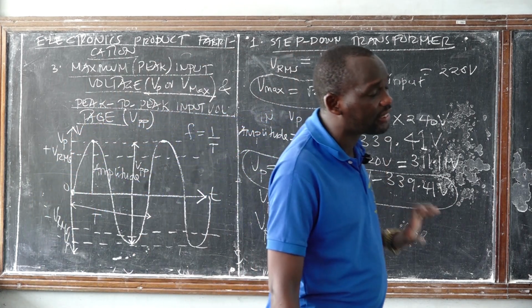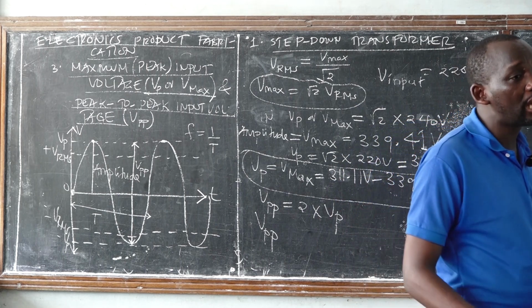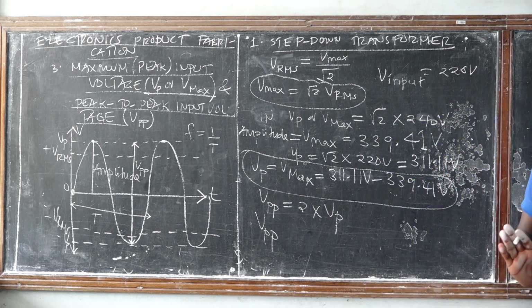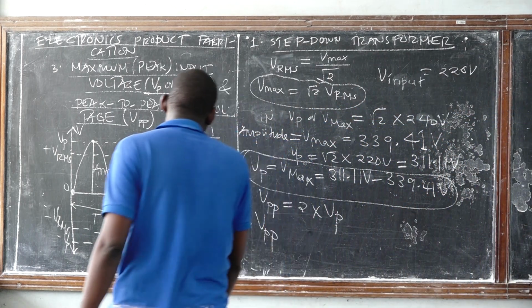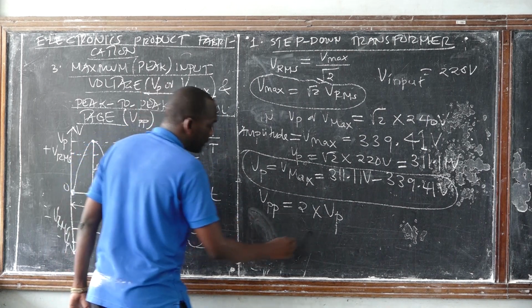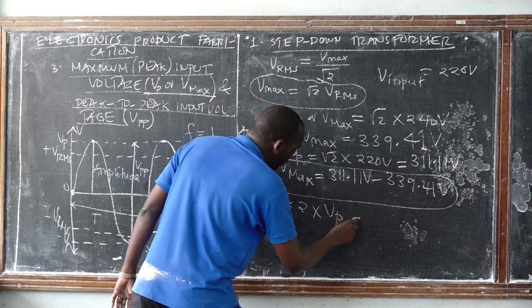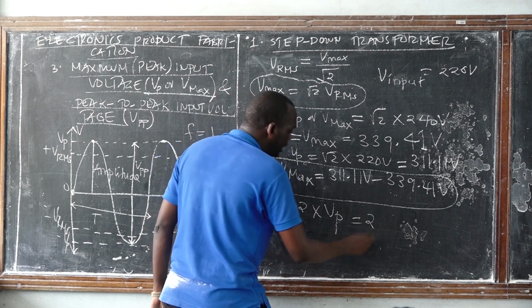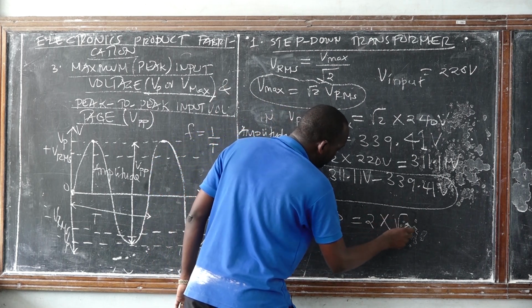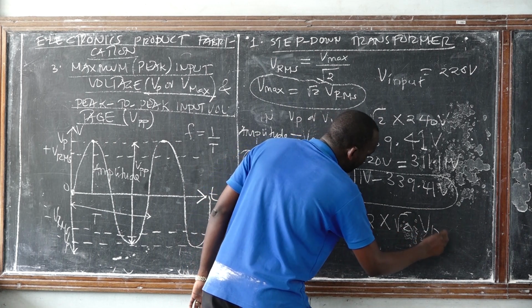We are talking about alternating current. But the formulas are still the same for any sinusoidal signal. So this is the formula that you have to remember. Also this one is equal to, if you don't know the peak voltage, 2 times square root of 2 times root mean square voltage.